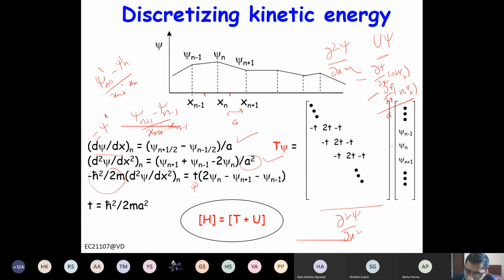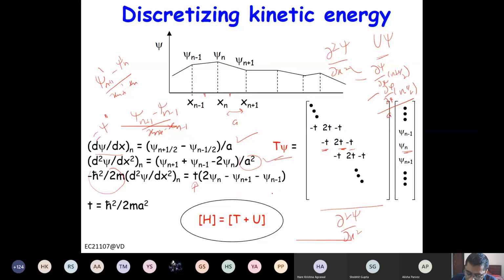So you can multiply any one of them. So for any psi n, you can write 2t psi n minus psi n minus 1 times t minus psi n plus 1 times t. Okay, and then you can add these two terms. T psi plus u psi is equal to E psi.